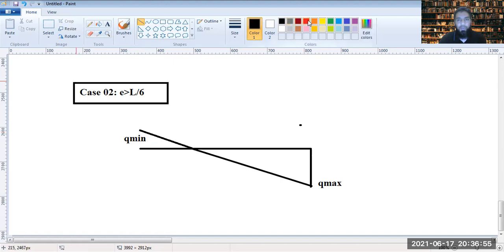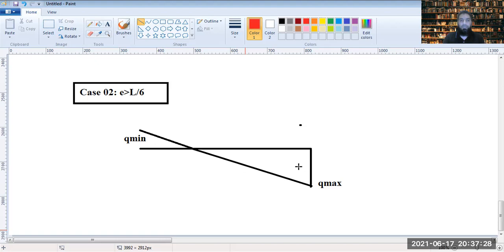Practically, that's impossible. So what would happen in that case? We have a maximum value only on one side, in one direction. So the problem is essentially a uniaxial eccentricity problem.